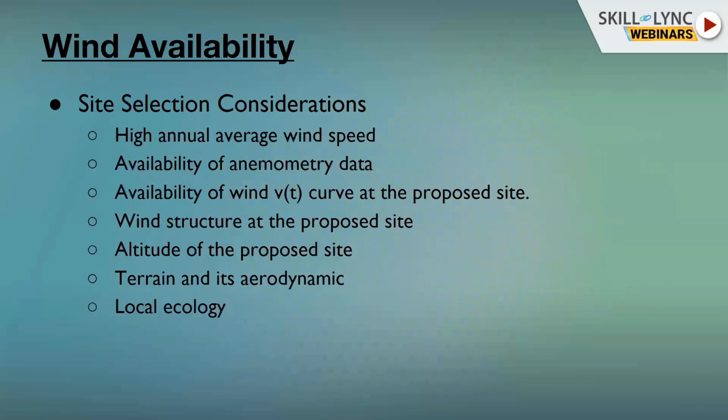And you can see here what considerations we further want to see in windmill construction. So the first one is annual average wind speed. If the wind speed is available throughout the year, then throughout the year we can produce electrical energy. And the next one is anemometry data. The anemometry data is very, very important.